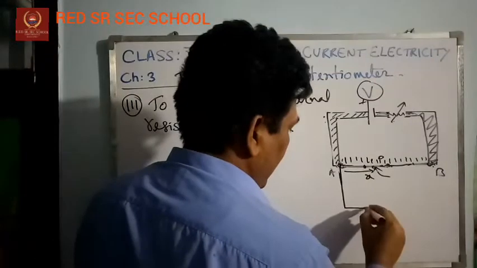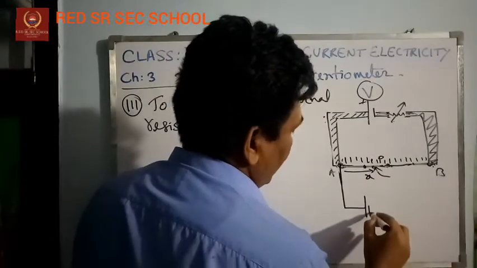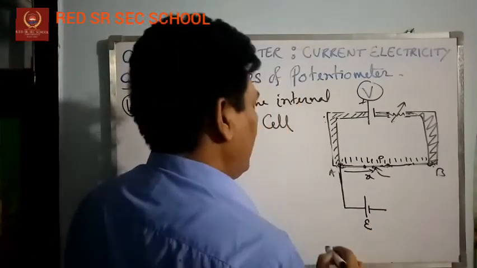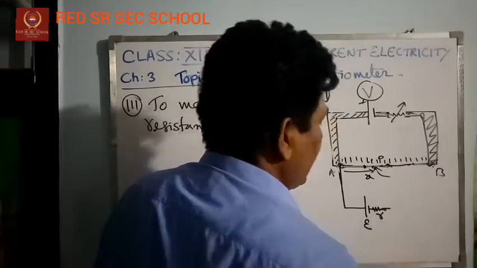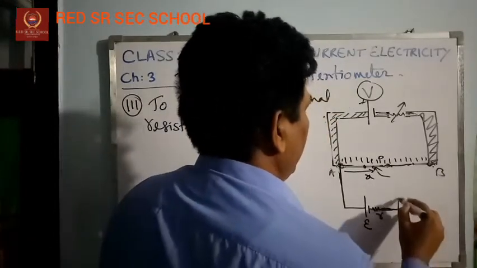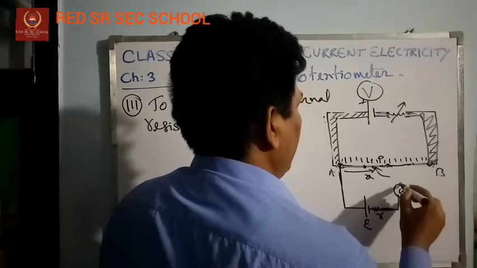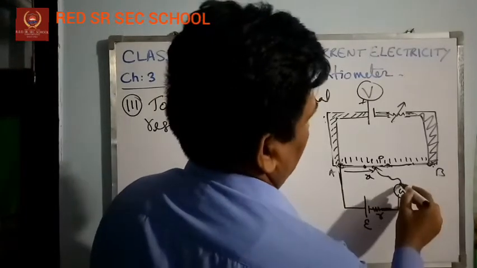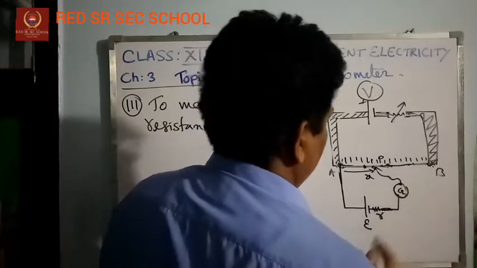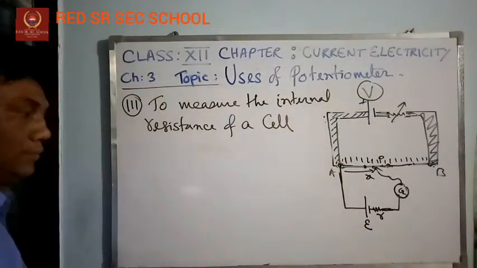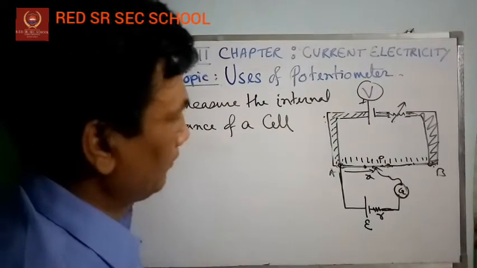Say this is a cell whose EMF is known, but its internal resistance is unknown. Then this is the galvanometer, and this is the jockey. The galvanometer is to detect the current. Are you getting my point?